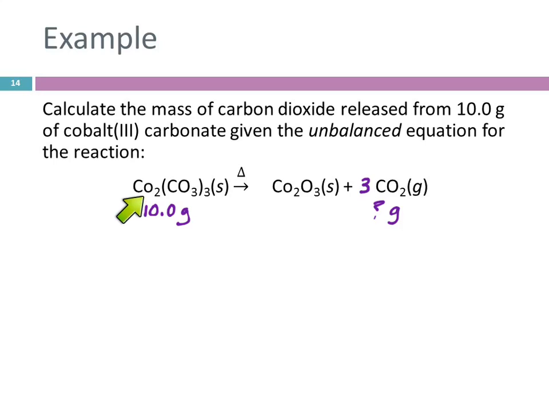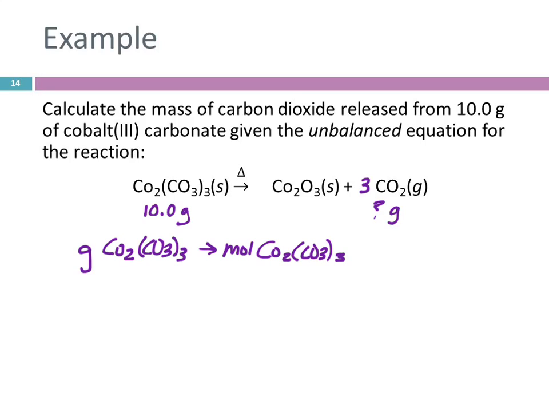I've got the number for this one, so my path will be, and yes, it's tedious to write these formulas, grams of Co2(CO3)3, moles of the same thing, to moles of the other thing, carbon dioxide, to grams of carbon dioxide.